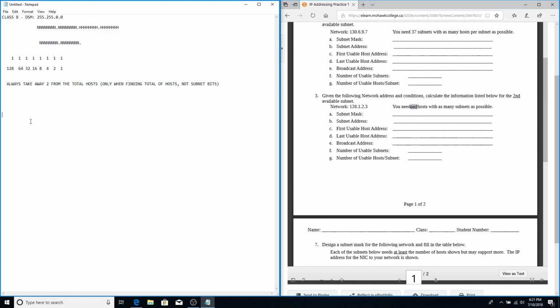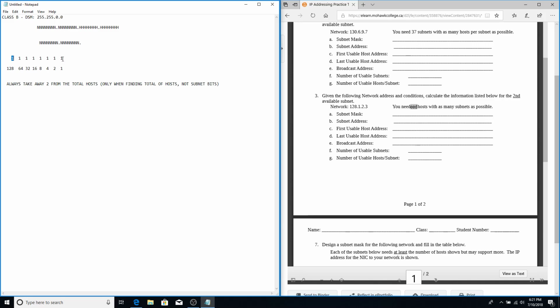So how many bits do I really need? This is where a lot of students get confused because they look at this 128 and they think, oh, this is the 8th bit, so it's 2 to the power of 8, and that's what I need. But if you actually look at it, 2 to the power of 8 is 256. So you've got to be careful.